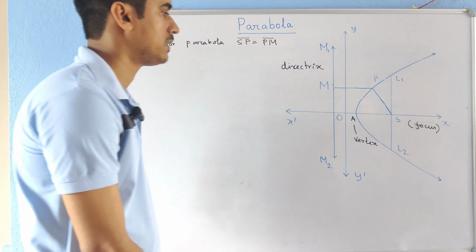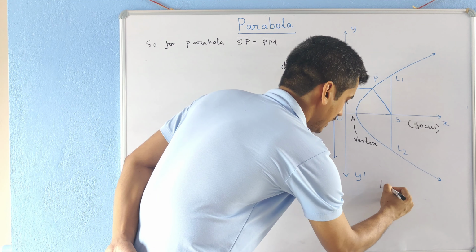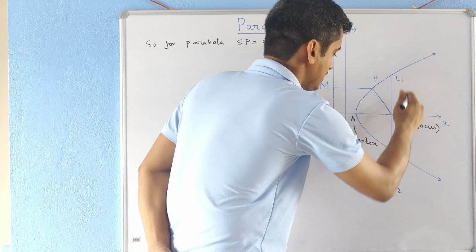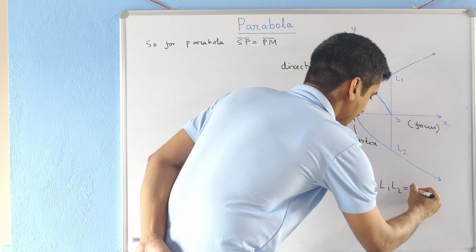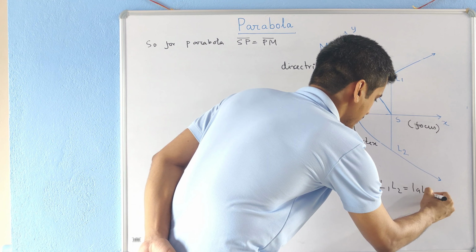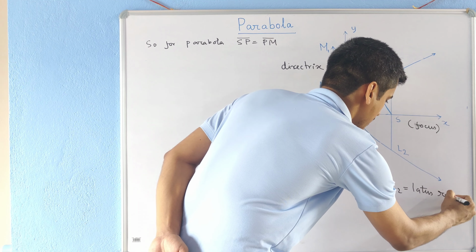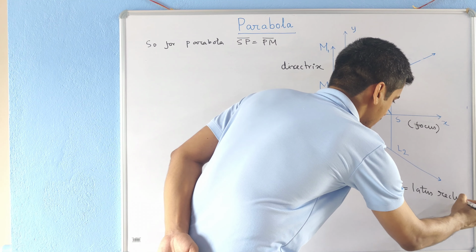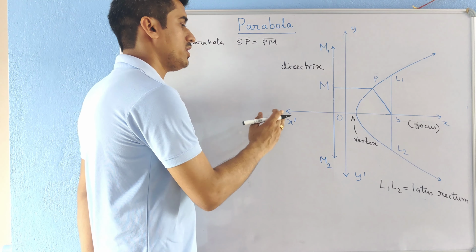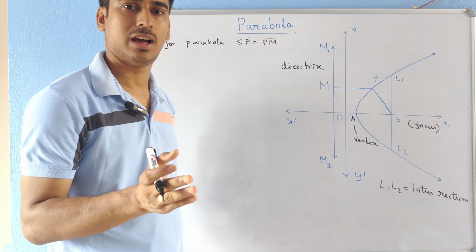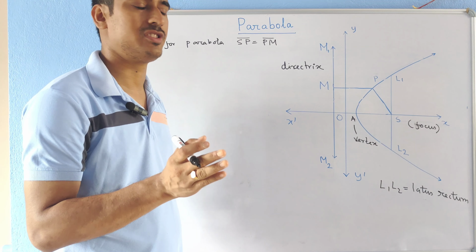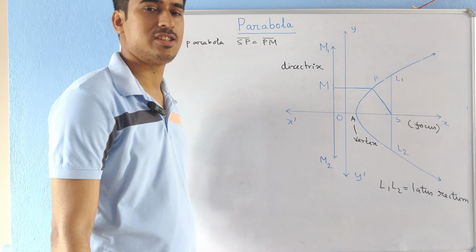The line L1, L2, this line is called the latus rectum. Here the line which divides the parabola into two symmetric portions is called the axis of the parabola.